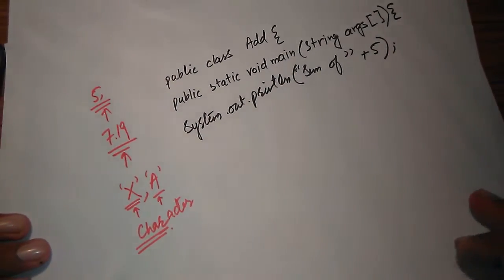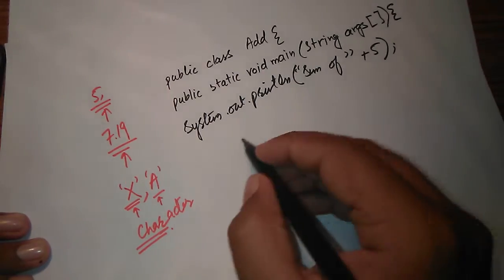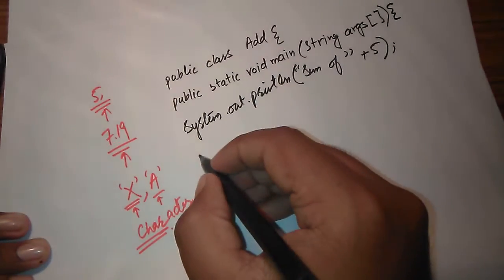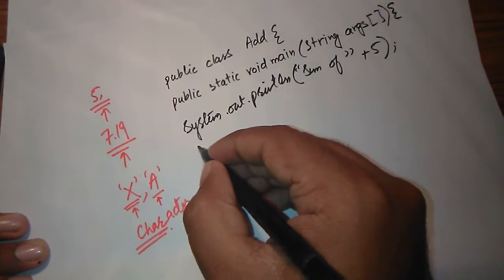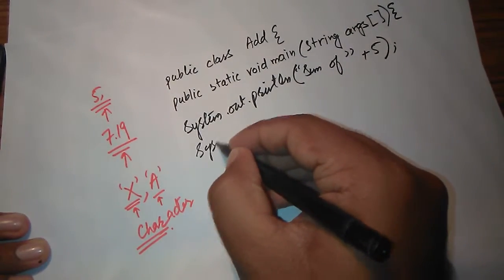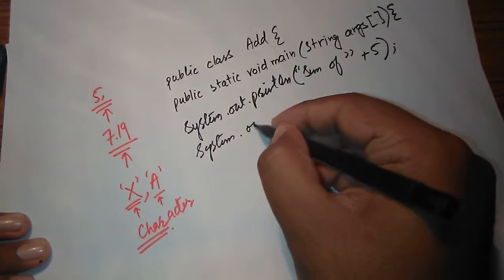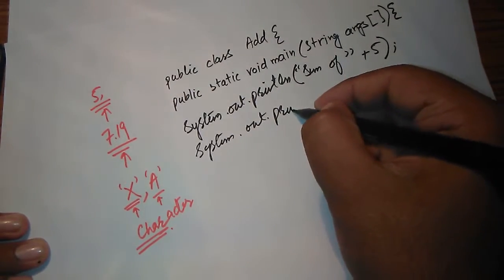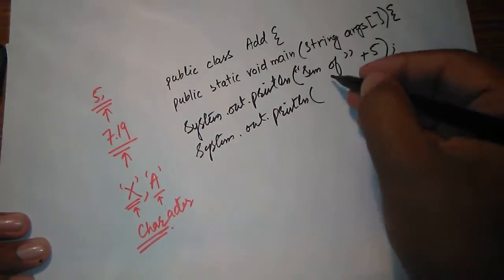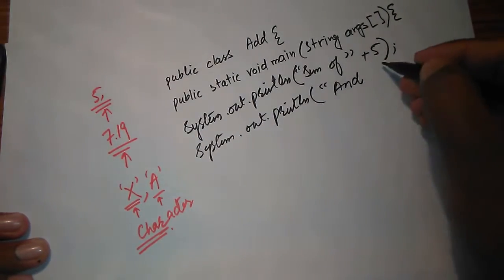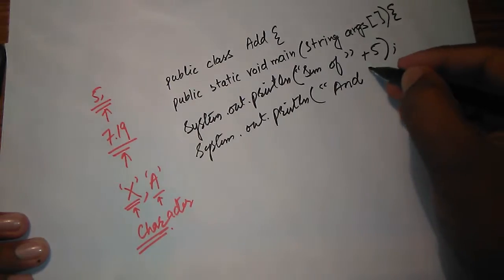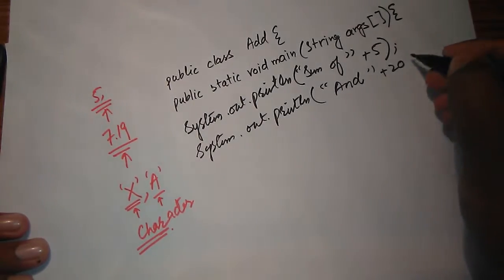And now I am going here again, "sum of 5", System.out.println 5, and I'm going here 20.